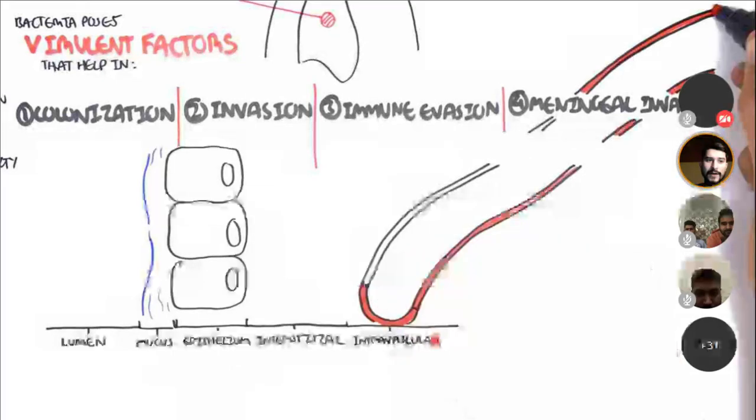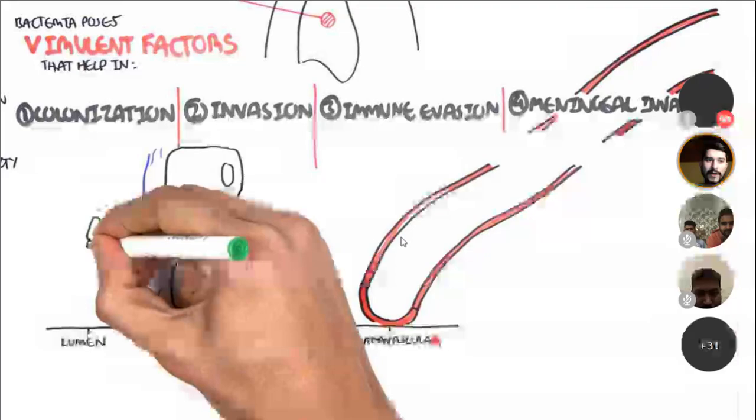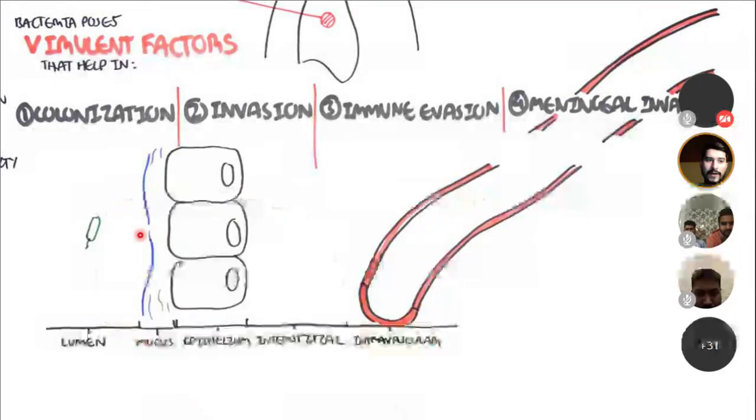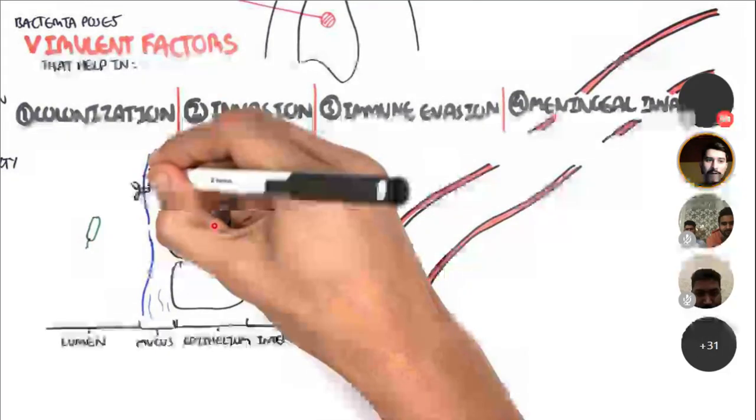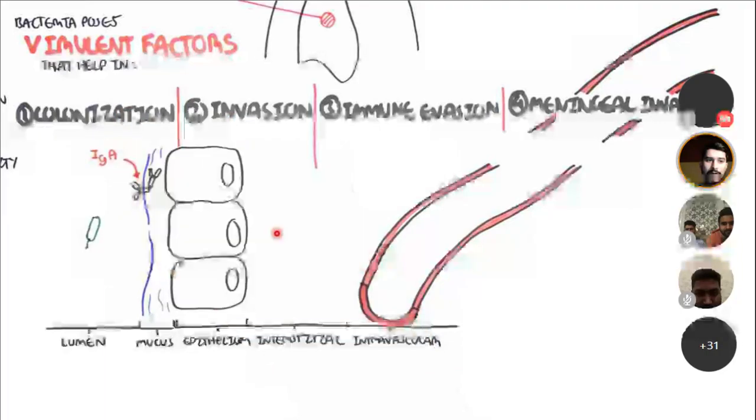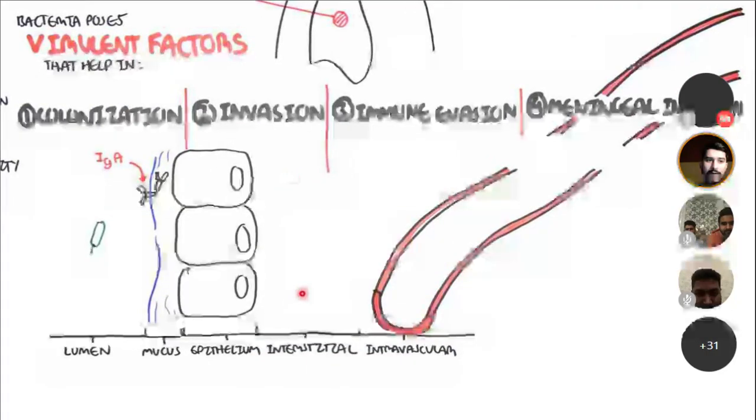So this is the vessel, and basically what happens is the bacteria comes through the mucosa, and then it colonizes right here in the epithelium. From the epithelium, it gets into the subepithelial or interstitial level over here, from where it gets into the bloodstream.